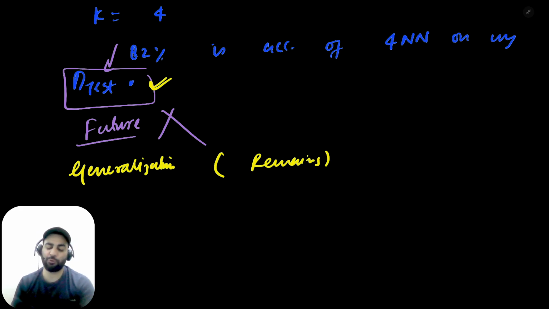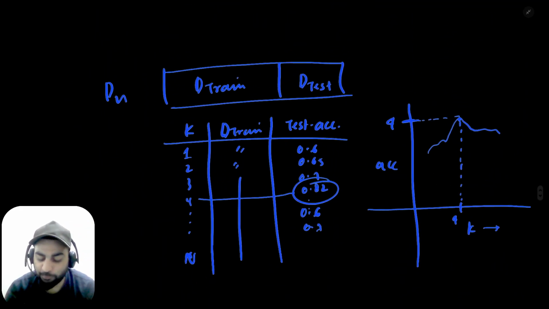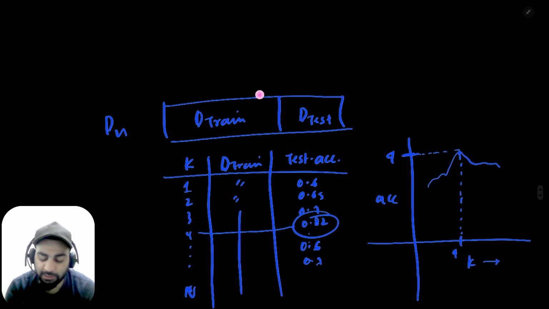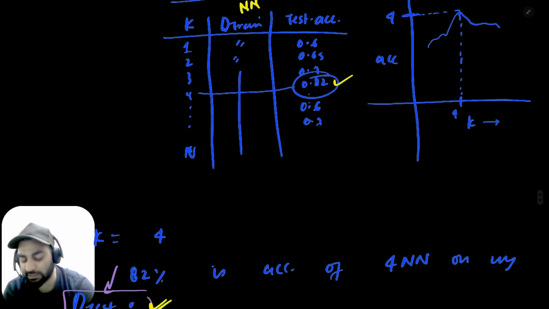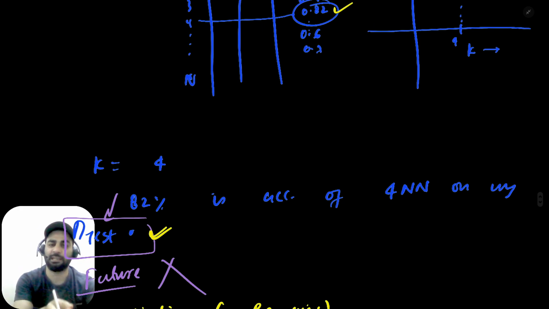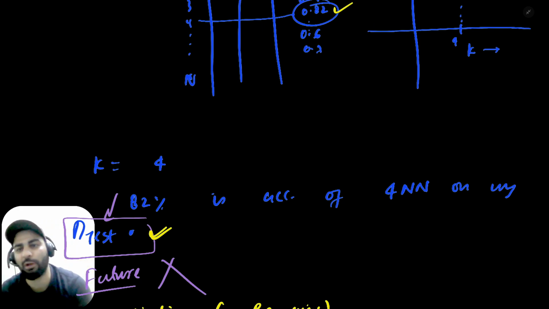If you understood this argument, my argument is that you have this d and you split it into d train and d test. On d train you are using KNN to find the nearest neighbors. Then to find k, you are using d test because you're evaluating on d test, and you set k wherever you get higher accuracy. But still I am saying that this 82% accuracy is on d test, not on the future data, because future data you haven't seen, but this k was set on the test.